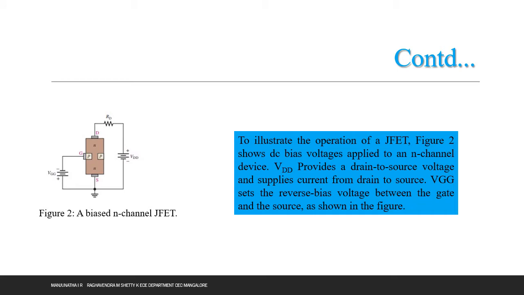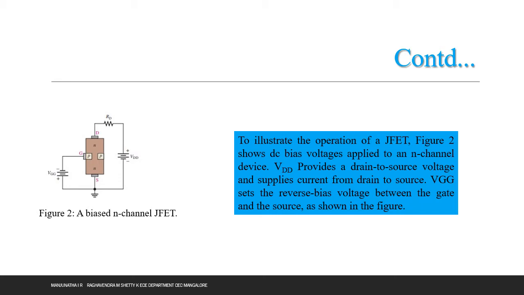Figure 2 illustrates the operation of a JFET. It shows DC bias voltages applied to an N-channel device. VDD provides a drain to source voltage and supplies current from drain to source. VGG sets the reverse bias voltage between the gate and the source. Notice the last point: VGG sets the reverse bias voltage between the gate and the source.